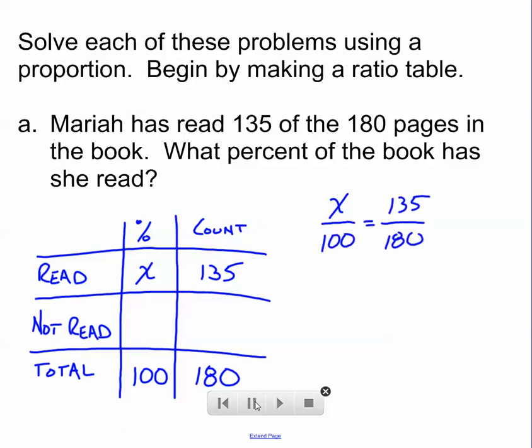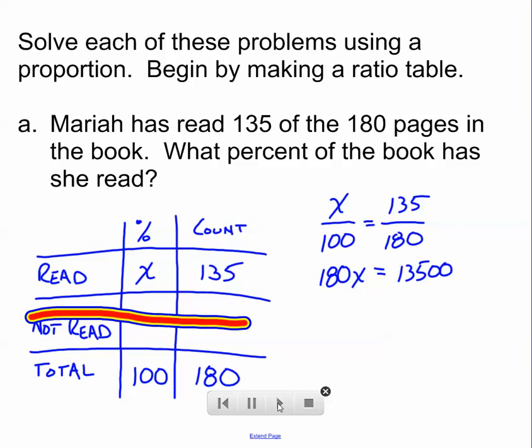Here's how we're going to write our proportion. x over 100 equals 135 over 180. We are just ignoring this row right here. And then we'll solve that using cross products. 180 times x equals 100 times 135.